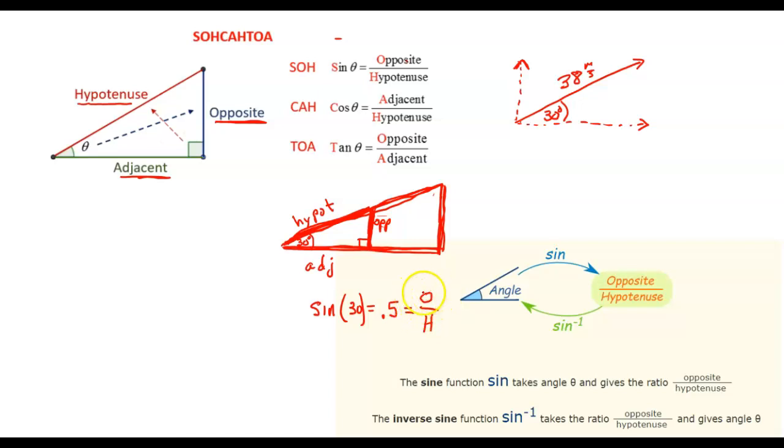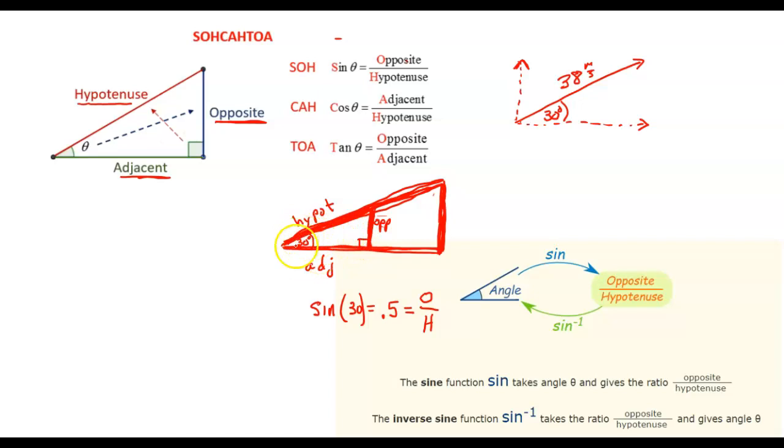What this basically means is the opposite side is 50% of the hypotenuse, always, no matter how big the triangle is. So at 30 degrees, the length of this side will always be 50% of the length of this side. If I make my triangle bigger, that ratio stays the same. This long opposite side would be 50% of this long hypotenuse.